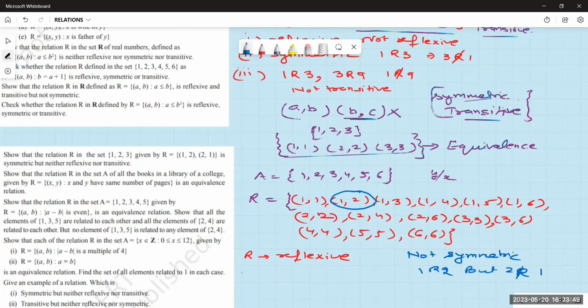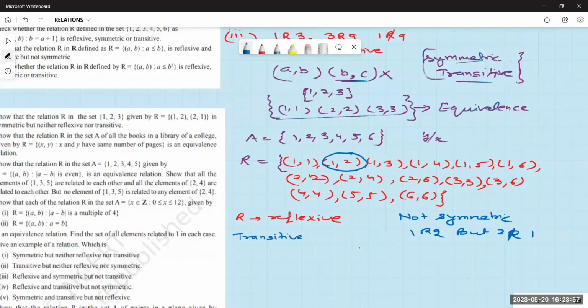Transitive: tell me, is it transitive? Just check. (1, 2), and next (2, 4): isn't (1, 4) there?